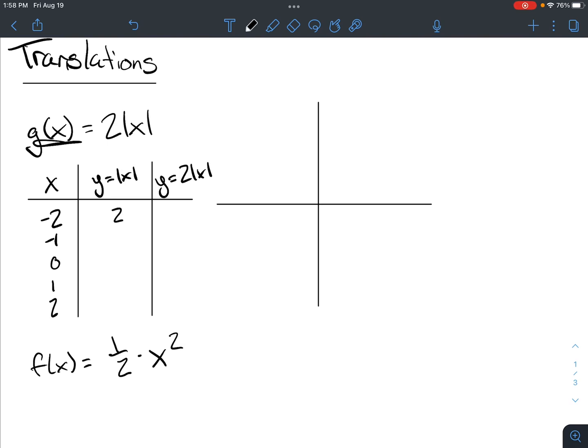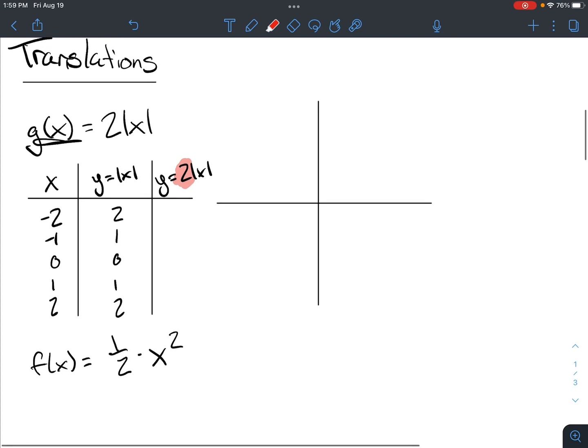So we're just going to have 2, 1, 0, 1, 2. And then what happens with this 2? We're just going to multiply the absolute value of x by 2. So the absolute value of -2 times 2 will be 4. The absolute value of -1 multiplied by 2 is 2, 0, 2, 4.